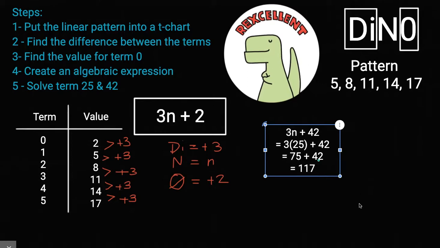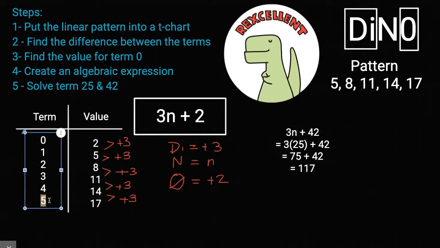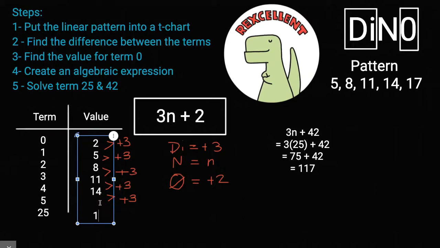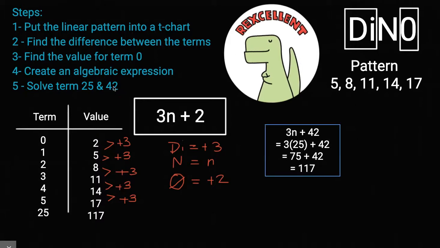So what that tells me is that when my term is 25, my value is 117.